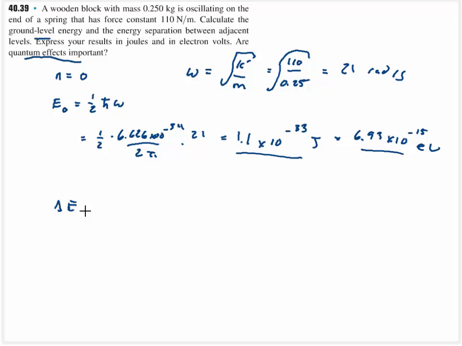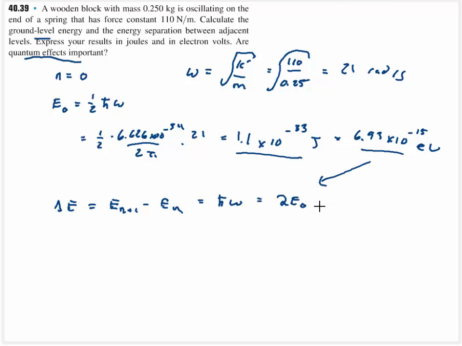Let's go ahead and calculate delta E. That's going to be equal to E of n plus 1 minus E sub n. You can kind of convince yourself that this is going to be equal to h bar multiplied by omega. And this is actually just going to be 2 times my original energy.